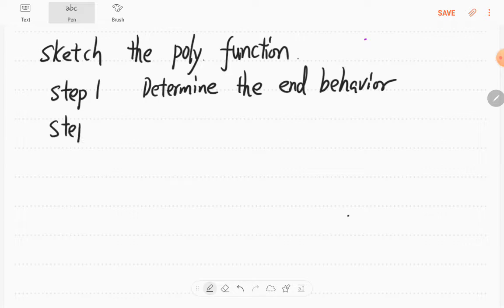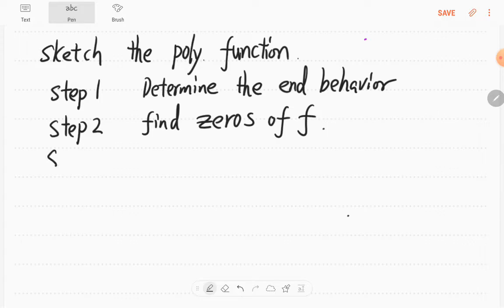Step 2, we need to find the zeros of the function f.